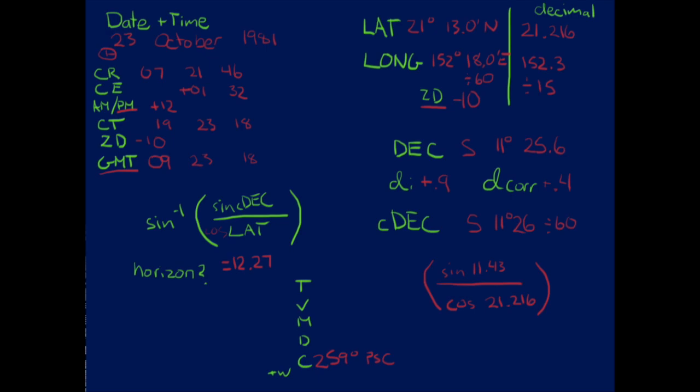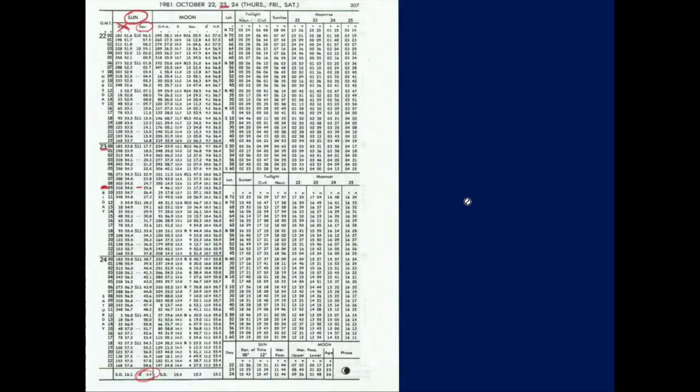Let's just get some fresh paper here and kind of look at this. They mentioned that the center of the sun is on the visible horizon. So when we look at the visible horizon, it's a curve, right?